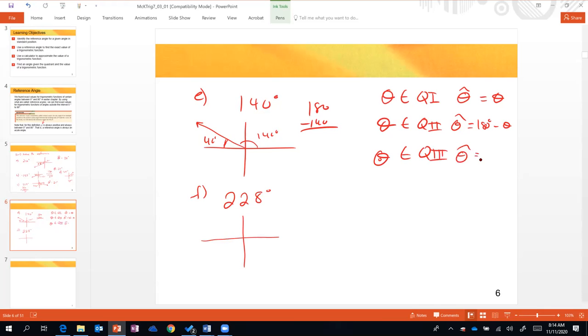How do you get the reference angle if you're at 228? What did you use to get there? Perfect. Tell me if you guys are okay. 228 minus 180 this time. Is that right? That's 48. Everybody good with 48?